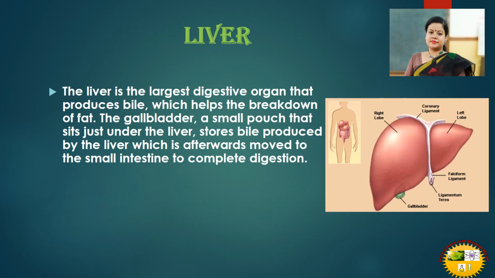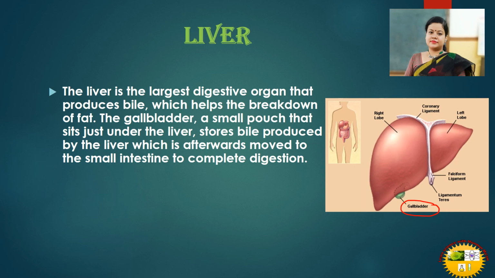Next is the liver. The liver is the largest digestive organ and it produces bile, which helps in the breakdown of fat. The gallbladder, a small pouch that sits just under the liver, stores the bile produced by the liver, which afterwards moves to the small intestine to complete digestion. So what's the function of the liver?